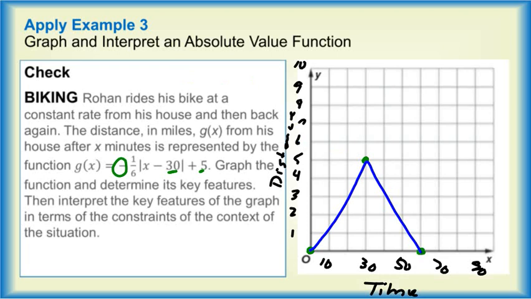If I go back to the graph, they're just saying that it's negative over here, and it's negative over here, and it's positive in between.